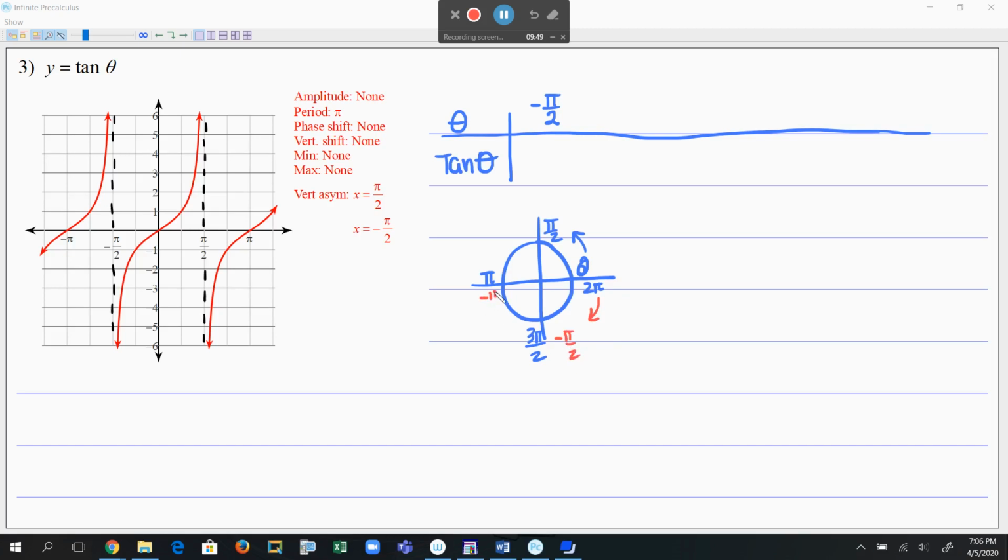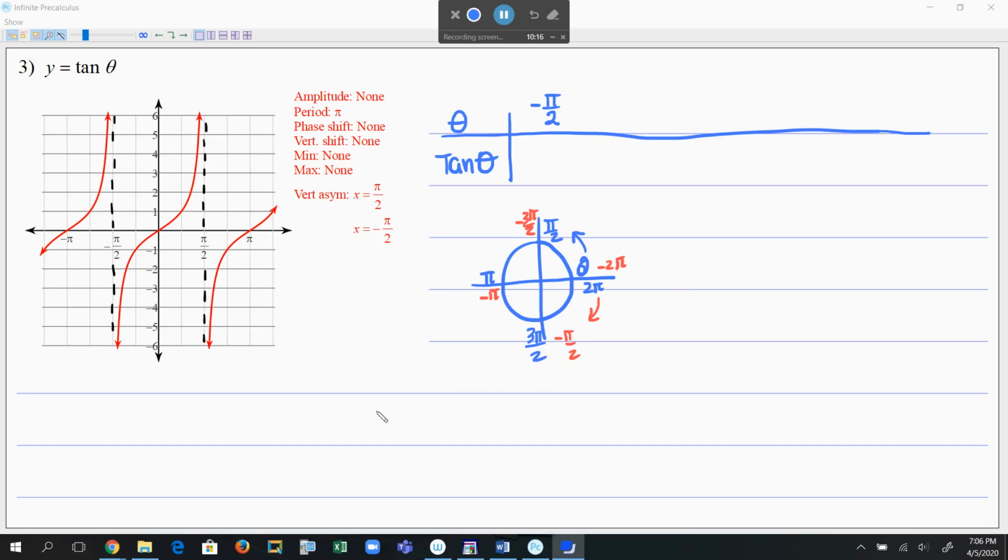And again, this is negative pi, and then negative 3 pi over 2, and then negative 2 pi. So tangent of negative pi over 2 will be the same thing as tangent of 3 pi over 2, which will be undefined, or tangent of 90 degrees. I'm going to make a quick note right here for us.